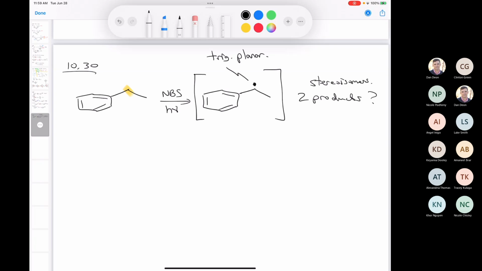So when the halogen abstraction occurs in the next step, the bromine can add to either face of the molecule. So I could end up with the bromine coming out in front like this, or I could end up with the bromine going in back.